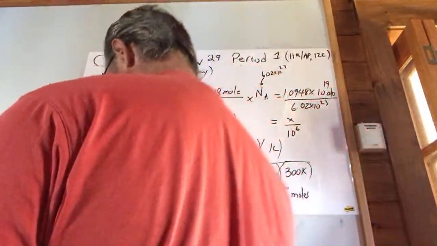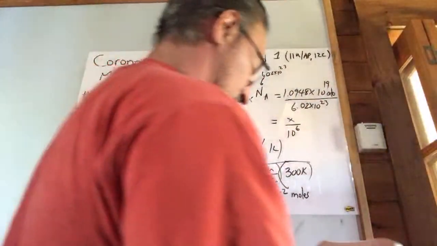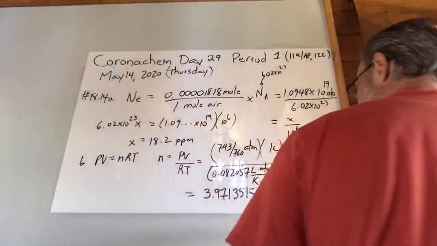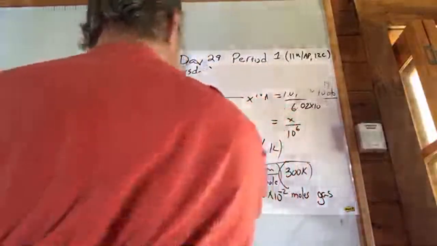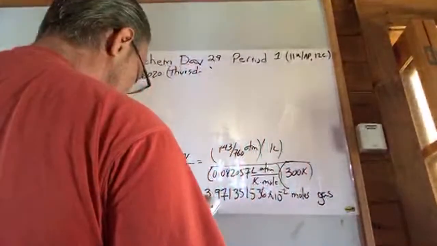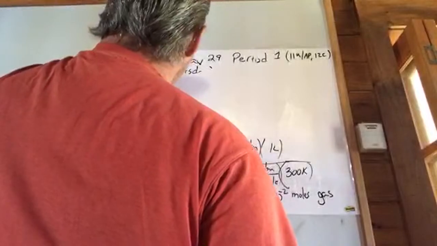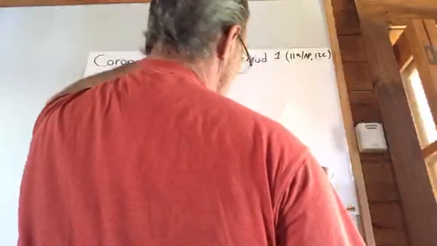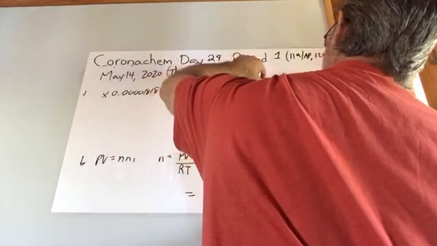It's moles of gas. If you take that number and multiply it by the proportion that it represents of that gas, which is 18.2 parts per million, 0.0000 1818, what you get is 7.22 times 10 to the negative 7 moles per liter.